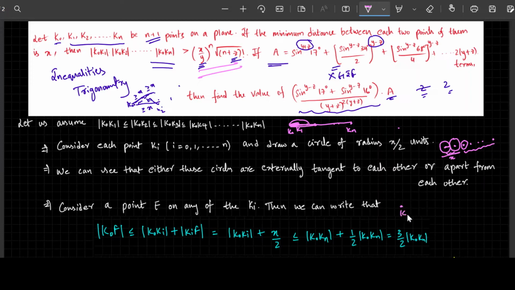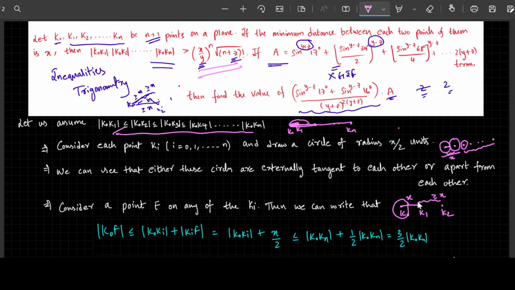So this is k naught and this is k1. As we are assuming that this is the least distance, k naught k1 is the least, and we are considering this as x. Now because k naught is a center with an x by 2 circle, if I draw this in this fashion, then definitely the other part, from k1 to k2, let us assume this is k2, this distance would be x or greater than or equal to x.